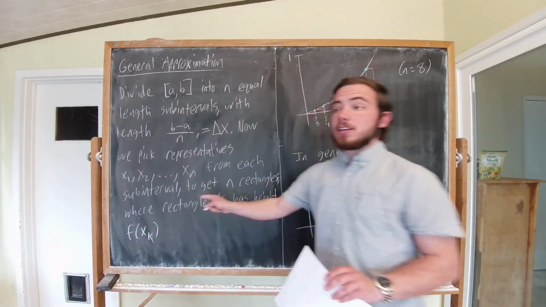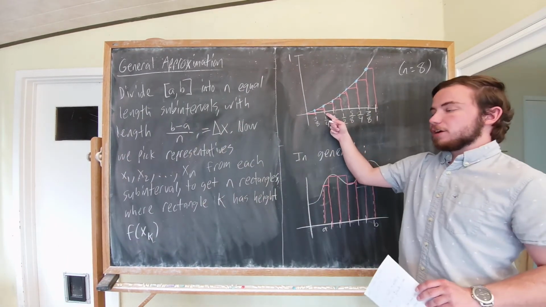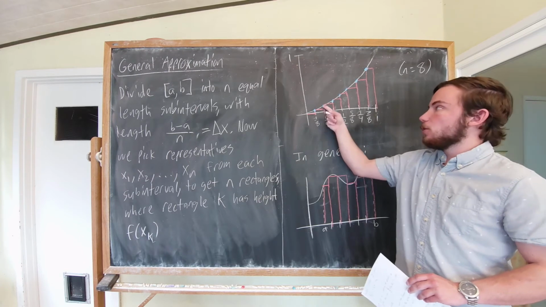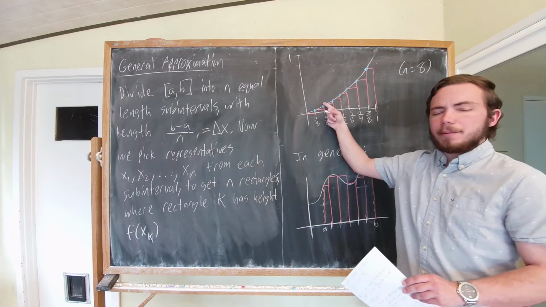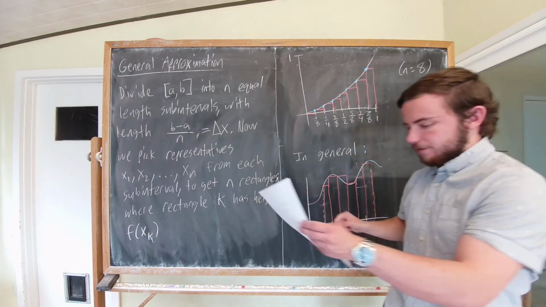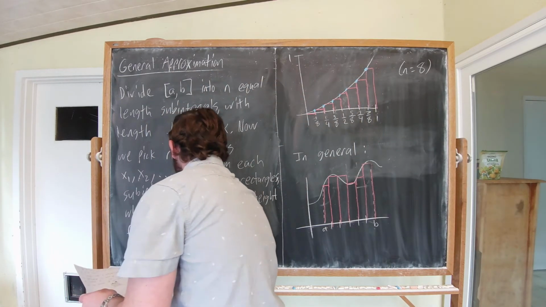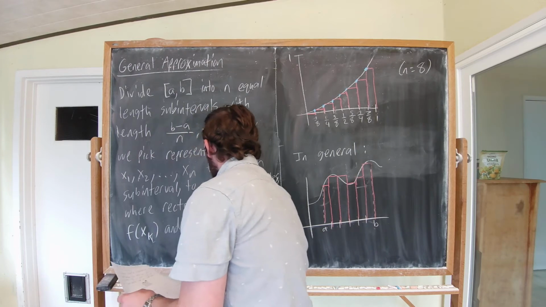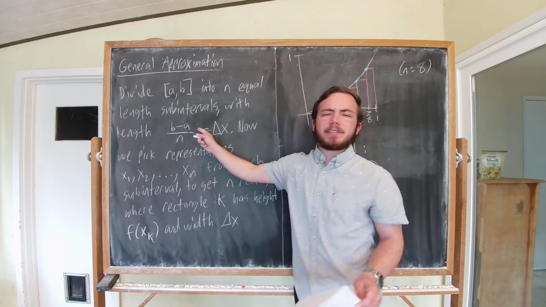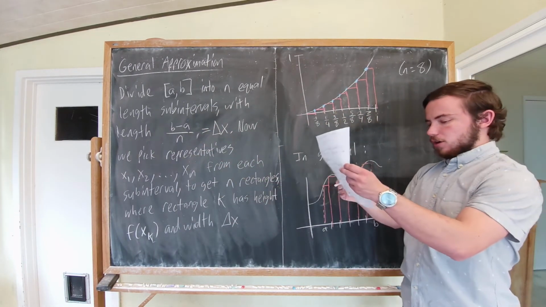So you're going to take your representative point from the interval and give that rectangle the proper height, matching it with where it is on the function's graph. And with width delta x, the same width that we computed earlier.